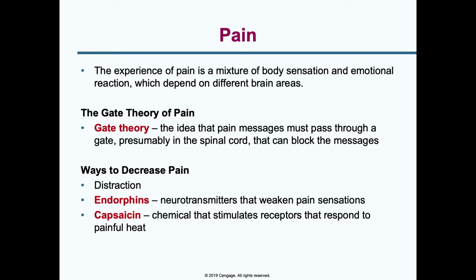Okay. And then we have something called capsaicin, which we rub onto the skin. It's an actual chemical that stimulates certain receptors that respond to painful heat. So when you rub it on your skin, it provides a temporary burning. And you say, well, burning is bad, but again, it's a temporary burning sensation that occurs.